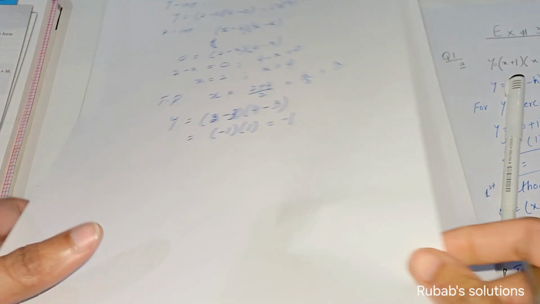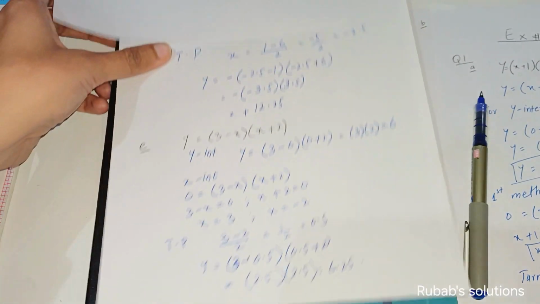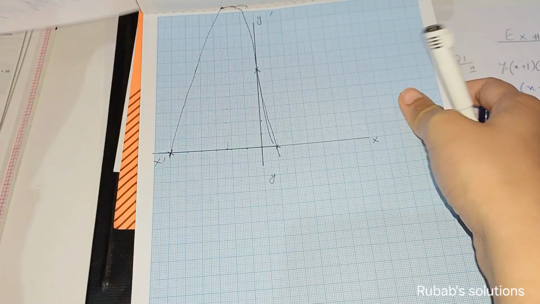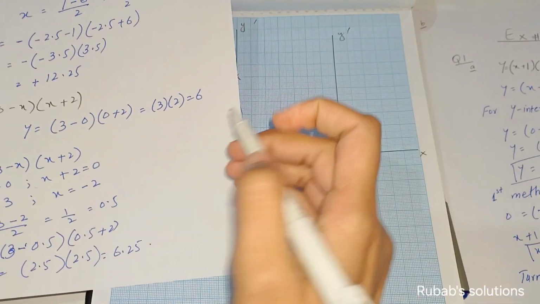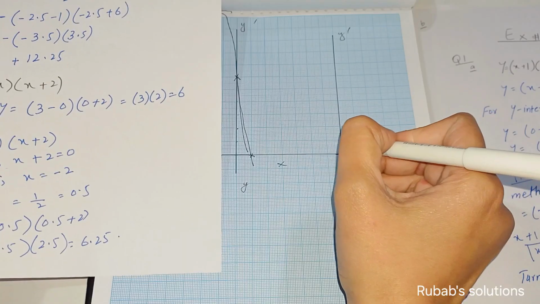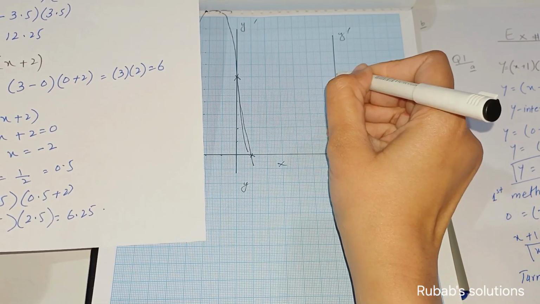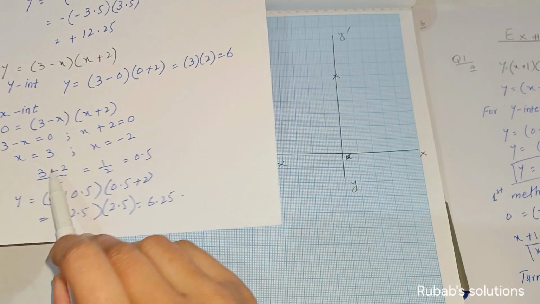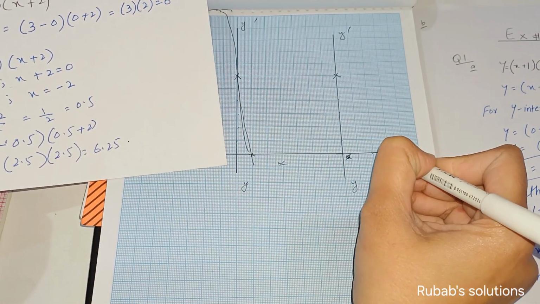So now let's draw both of them on the graph paper, part E and part F. First of all, for part E, the y-intercept is 6, so that means 1 2 3 4 5 6. This is my point. X coordinates are 3 and minus 2. 1 2 3, this is one point.